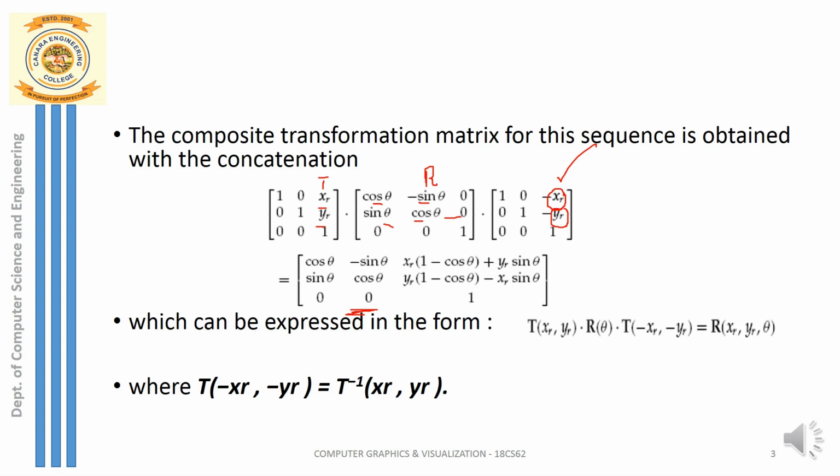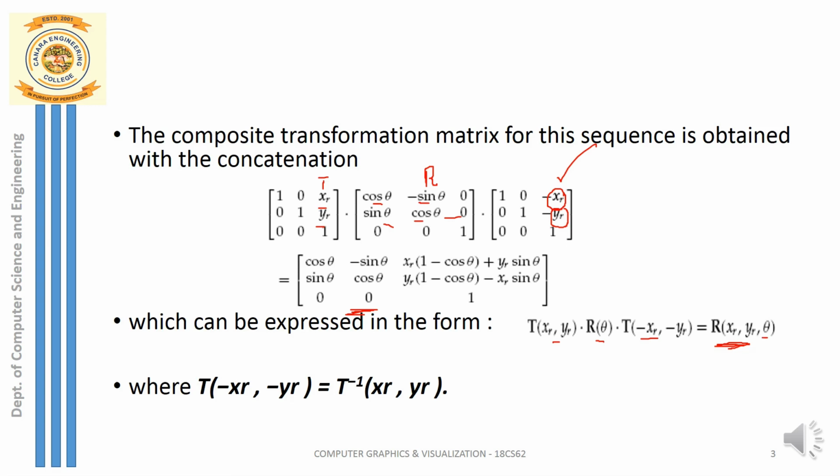And then you can write this in general something like this, as I already wrote: T reverse translation, then rotation, and then here forward translation. So when you're writing, please write it from right to left so that you can remember it in a better way. So in general you can write it in this way. It is like you're rotating the object about the arbitrary point xr comma yr by an angle theta.